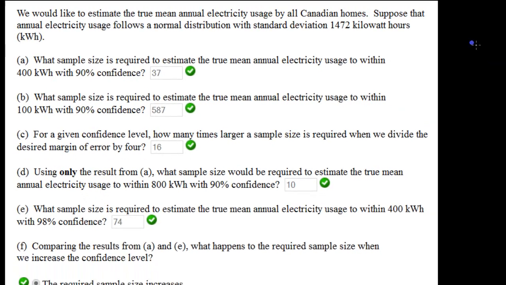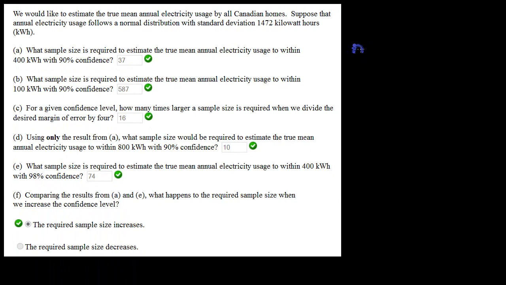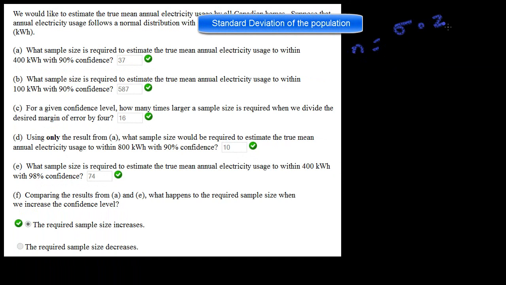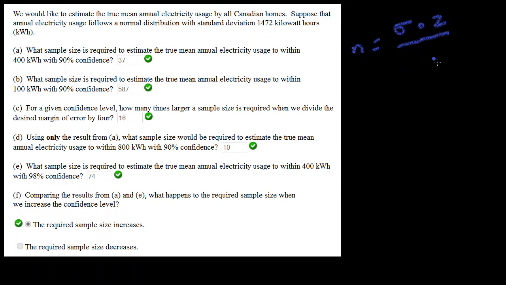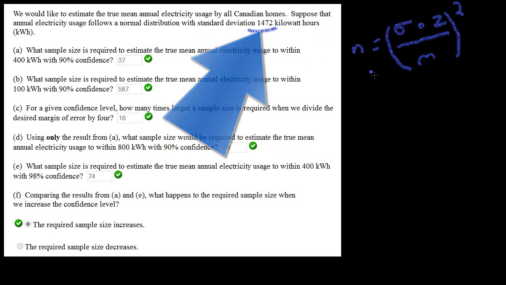The formula we are going to be using here is the sample size is going to be equal to the standard deviation multiplied by the z-score, divided by the margin of error, then squared. So what kind of values do we have here? Well, we know the standard deviation is given in the question as being 1,472.